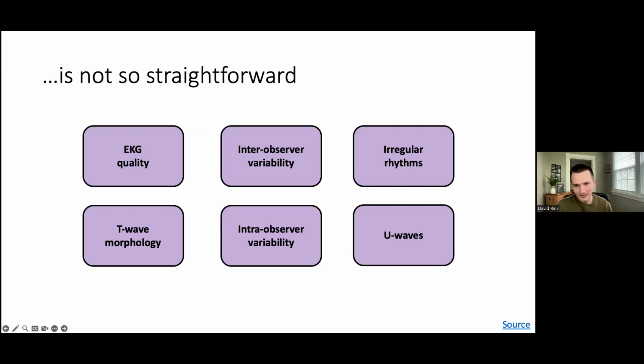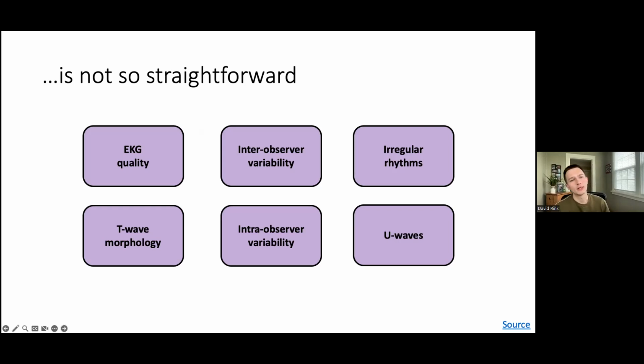Great. Nick, excellent question, and we are just about to talk about that. There are a number of factors that result in challenges in measuring the QT interval. Those range from the very easy to see absences in EKG quality.